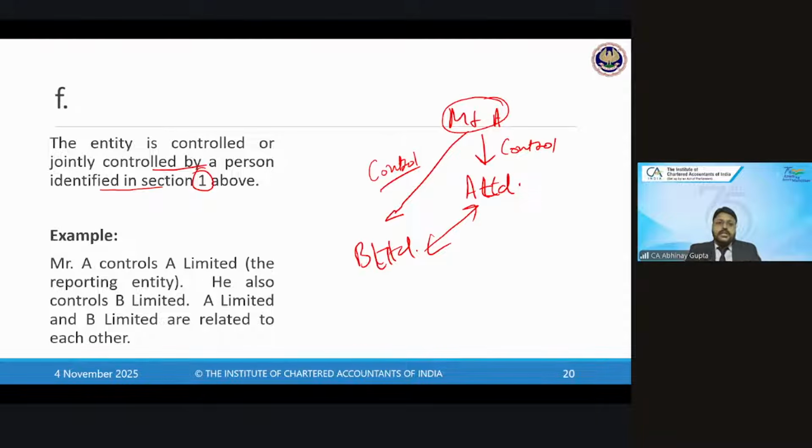Is that clear? These additional clauses are bringing more relationships into the coverage of related parties over and above what was driven by the three definitions. Correct?